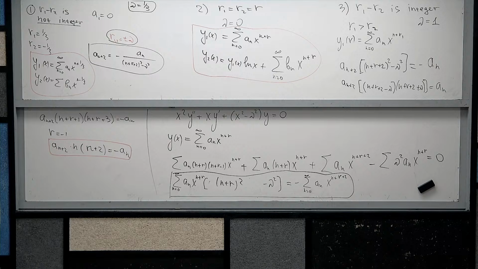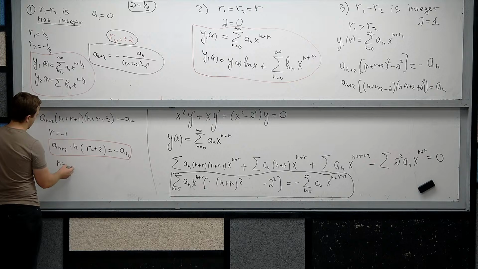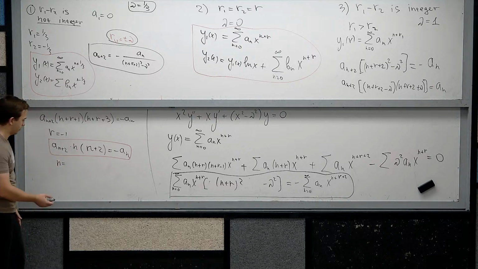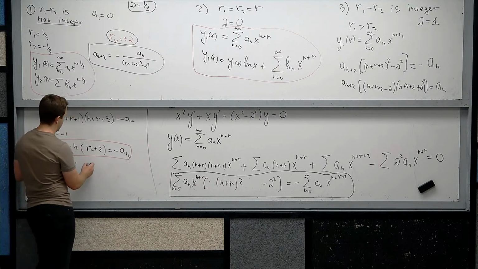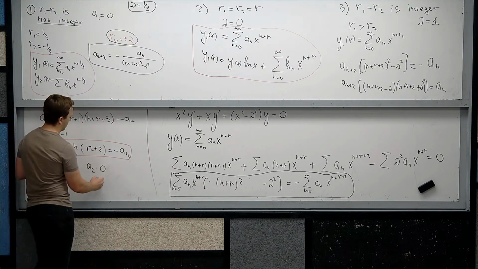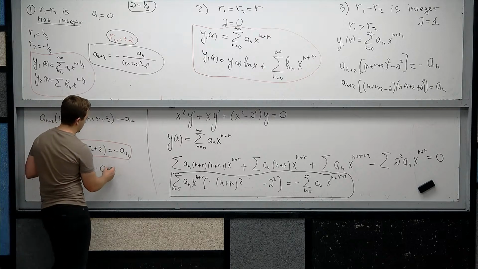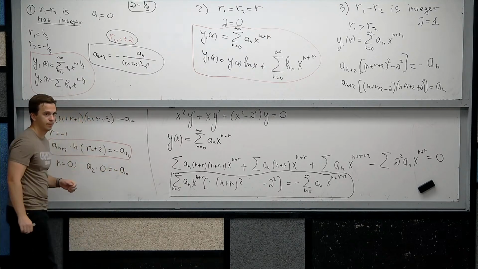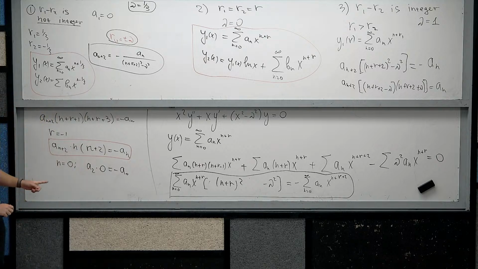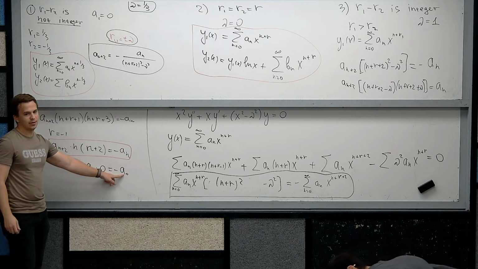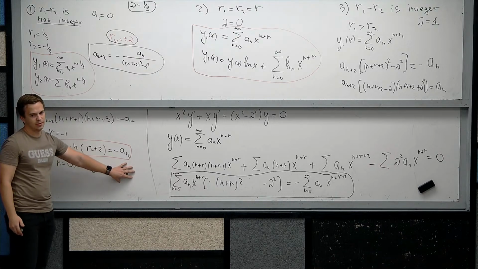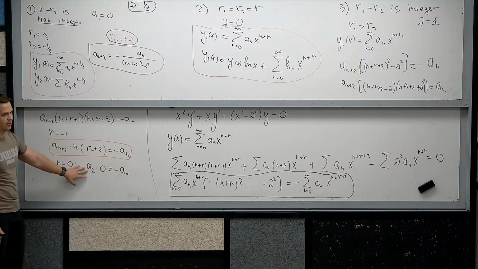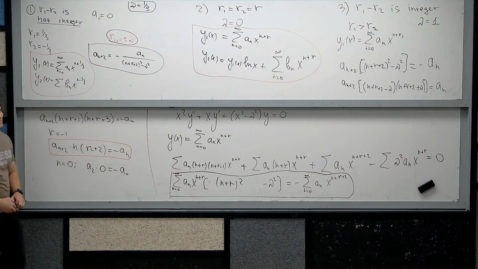Okay, let's take the first term, n equals 0. So we have a2 multiplied by 0 equals minus a0. Do you remember that we said that a0 can be nonzero, right? So the right hand side is nonzero, the left hand side is 0. Something strange, right?